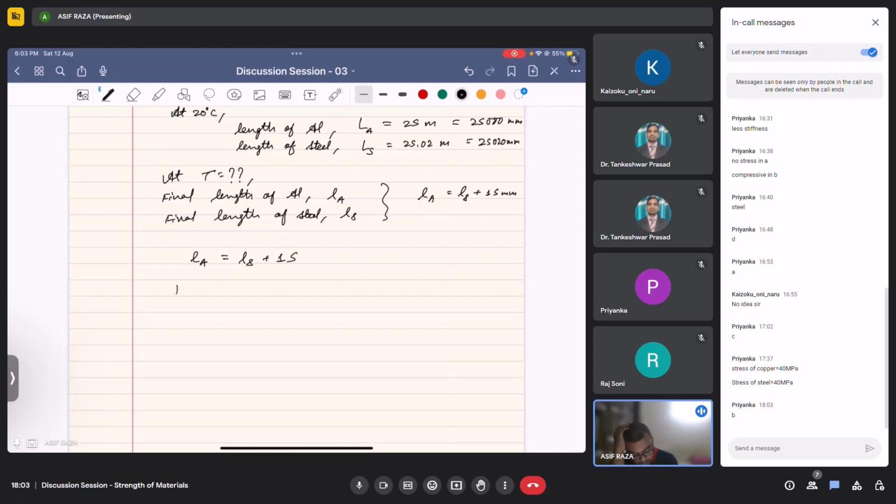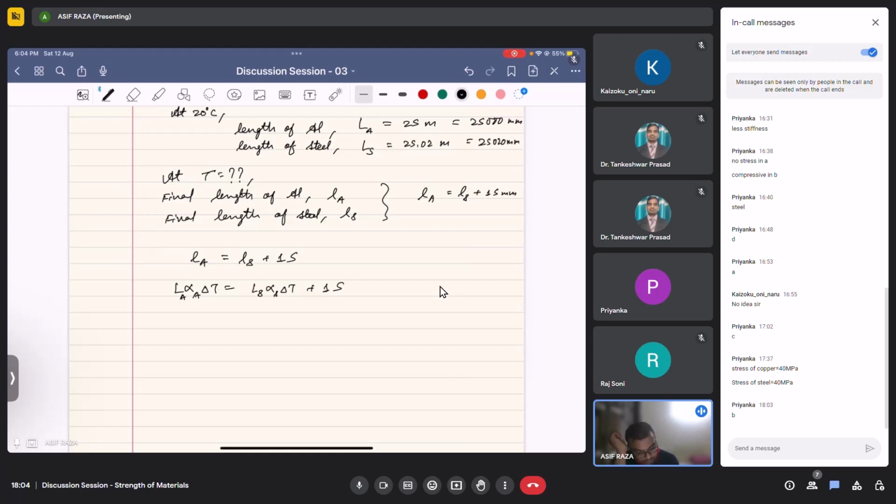LA would be L alpha delta T, so LA alpha A delta T, and LS alpha S delta T plus 15.